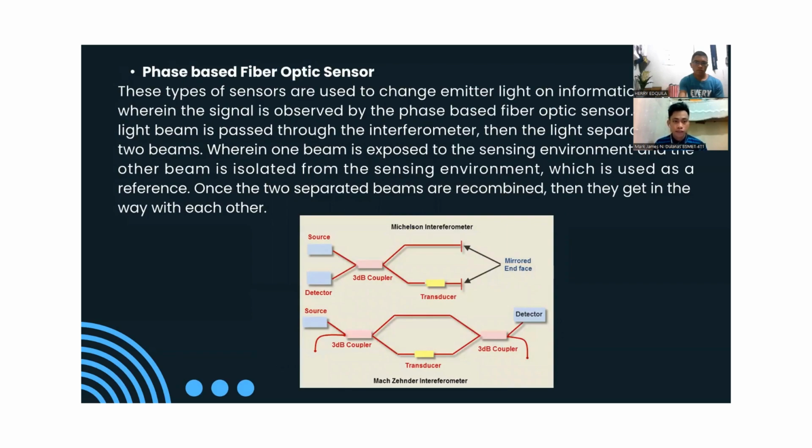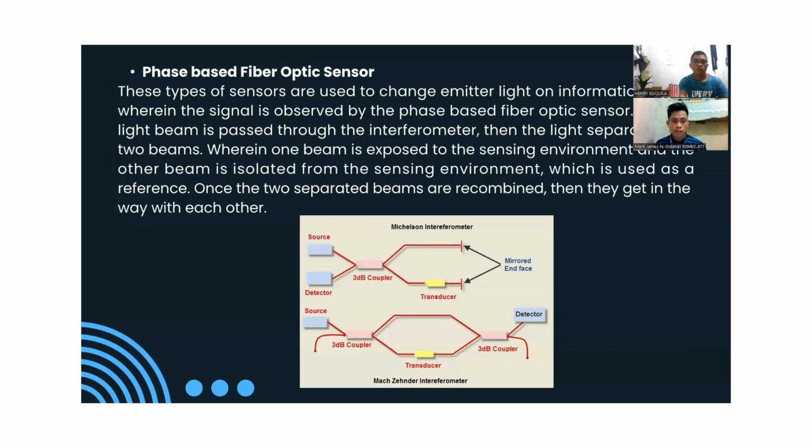Phase-based fiber optic sensor. These types of sensors are used to change the emitting light based on information signals, wherein the signal is observed by the phase fiber optic sensor. When a light beam is passed through the interferometer, the light separates into two beams, wherein one beam is exposed to the sensing environment and the other beam is isolated from the sensing environment and used as a reference.